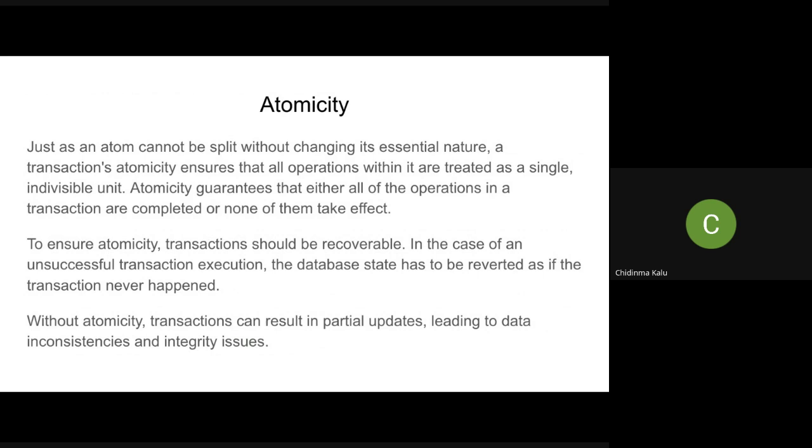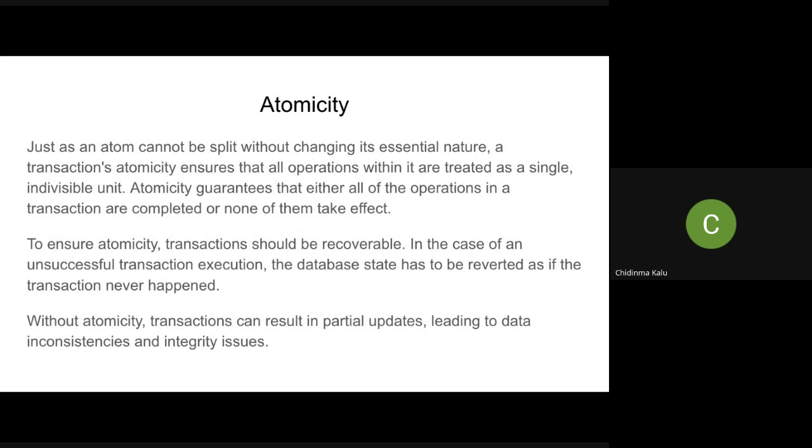Atomicity is basically a guarantee that either all of the operations in the transaction are completed or none of them take effect. This is very important because, say you want to debit from one account and credit it to another, you would not want one part to succeed and the other not to.